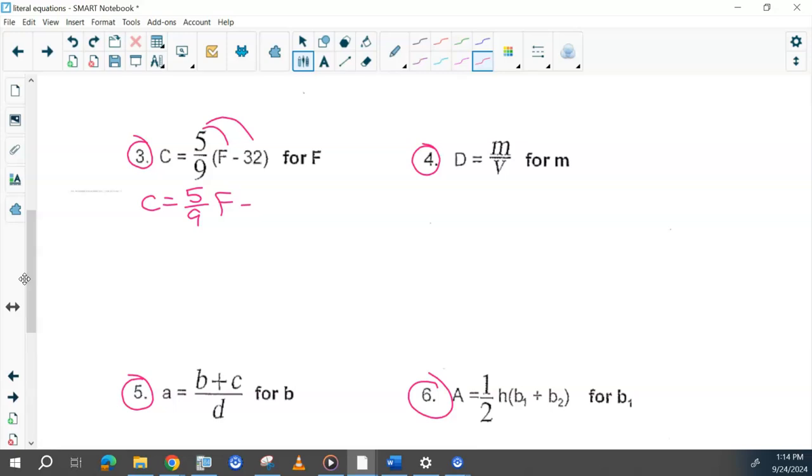What do we get there? Then we have to get f by itself, so we have to get rid of the fraction that has nothing to do with f, so add that to both sides.